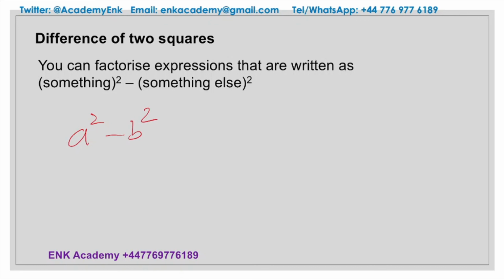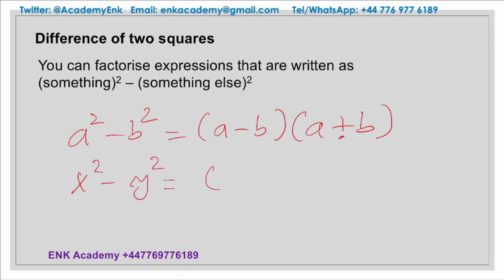If you have something squared minus something else squared, what you get is the same expression times the same expression with opposite sign. So a minus b times a plus b. That means if you have x squared minus y squared, you will have x minus y times x plus y. You can check it.